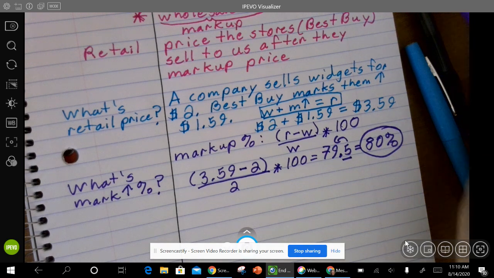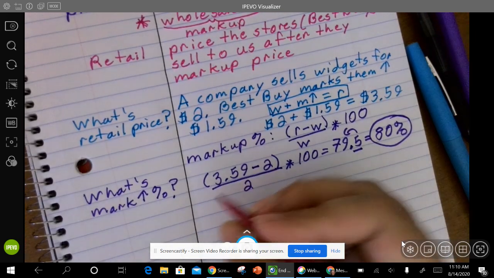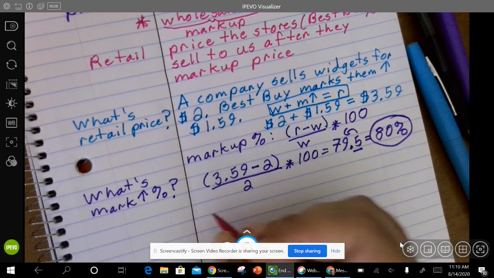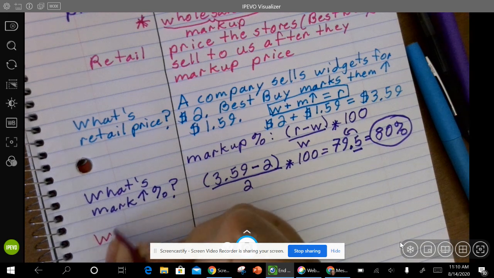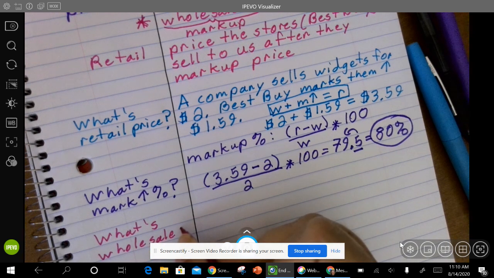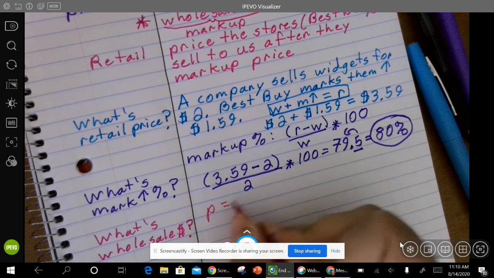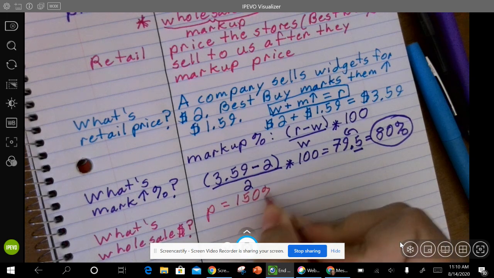Okay, let's use an example. What if I had the markup percentage, and I wanted to find out what the wholesale cost is? Let's say for our markup percentage, we have that it's 150%.